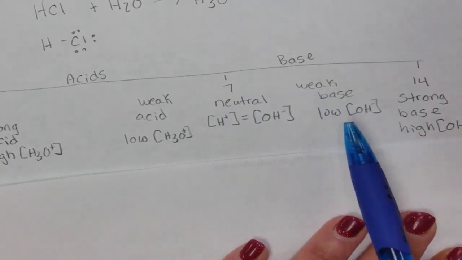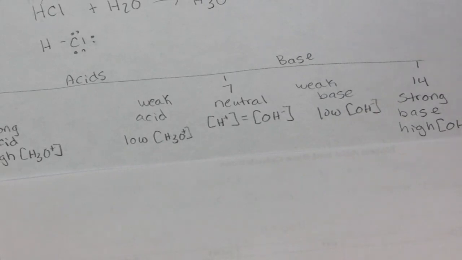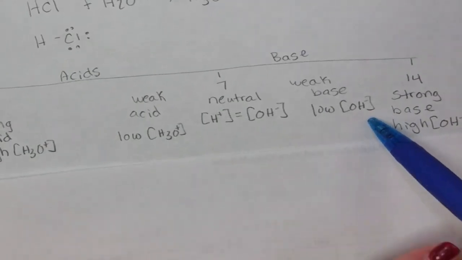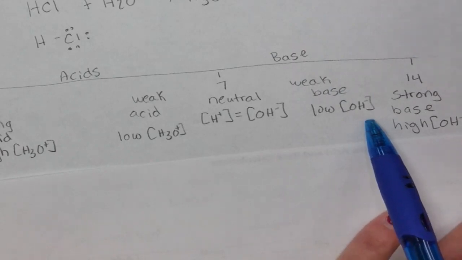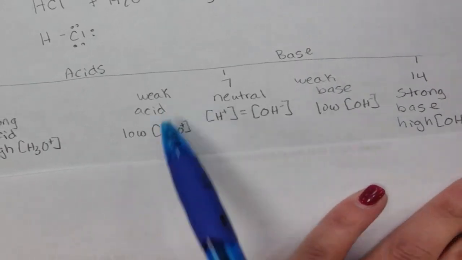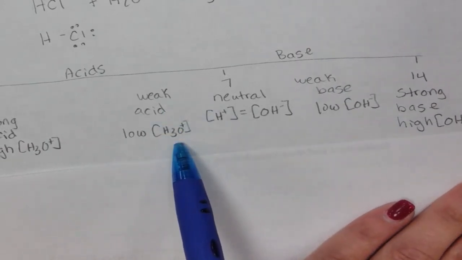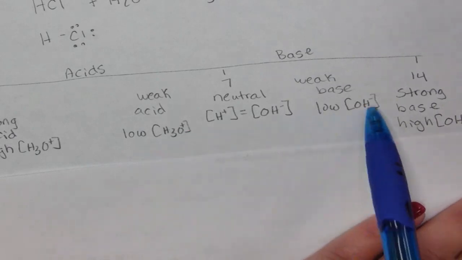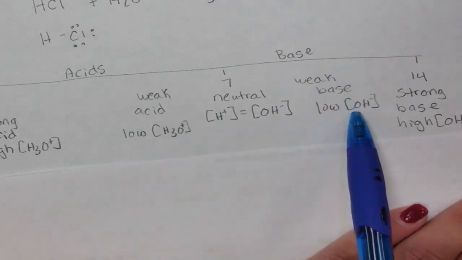Now keep in mind here, it's important to remember all solutions when we're talking about acids and bases are going to have H plus and OH. It is really, when we're looking at it, which one has more. Acids have more hydronium than they do hydroxide. Bases have more hydroxide than they do hydronium.